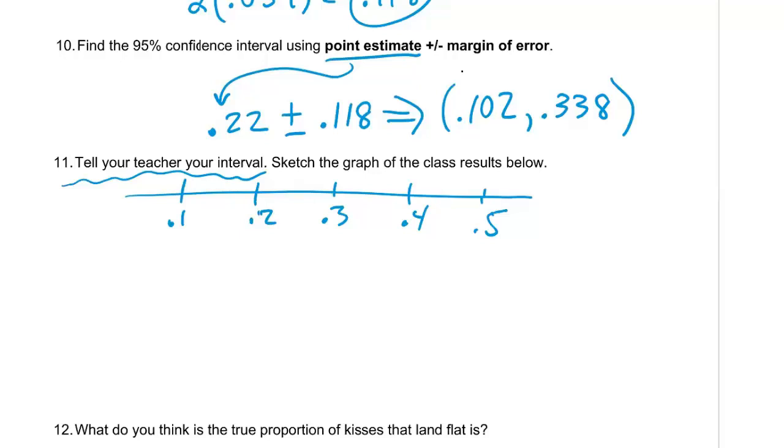There would be some over here, some over here, but 95% of them would be capturing the true value. Now, I'm going to tell you what I think the true value is based on what I've heard from other statistics teachers. And it is 35%.